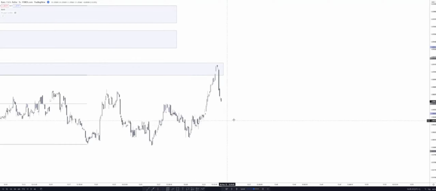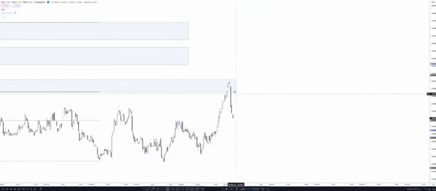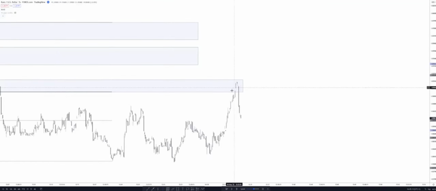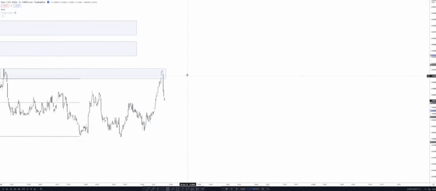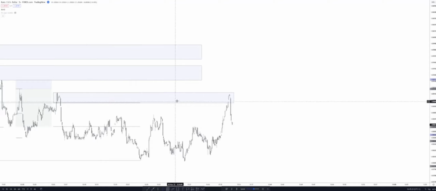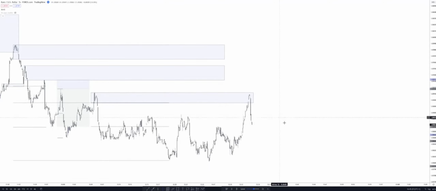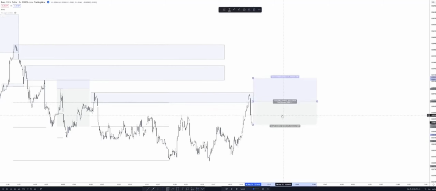But when you get a strong reaction like this, that is pretty much what we're looking for. So we can certainly get involved in a trade from this when we've refined an area down so much like this. So yeah, it's a good example of that.